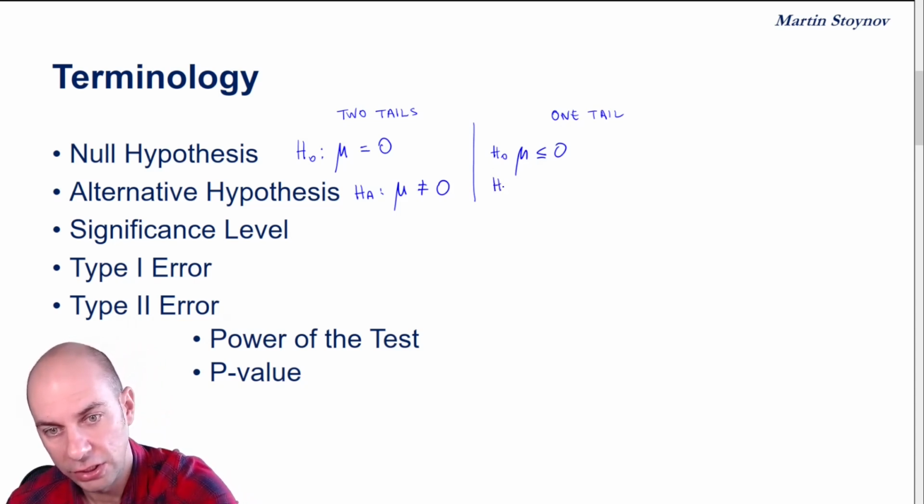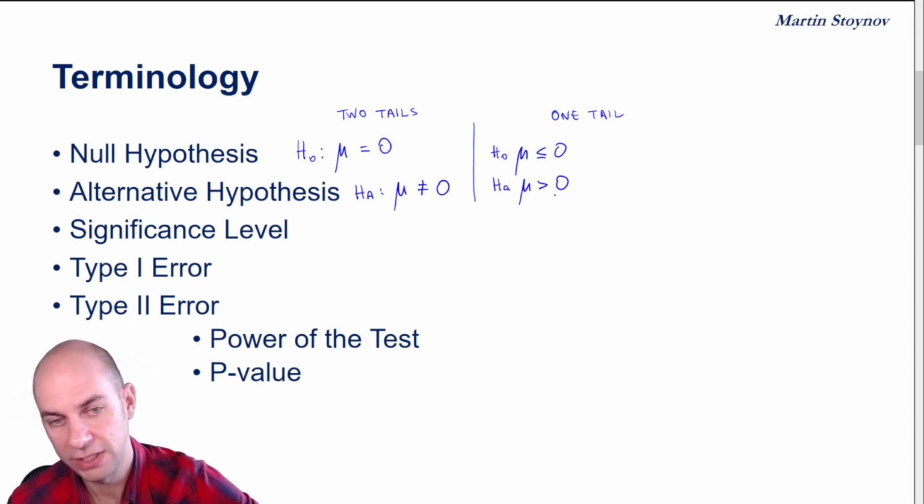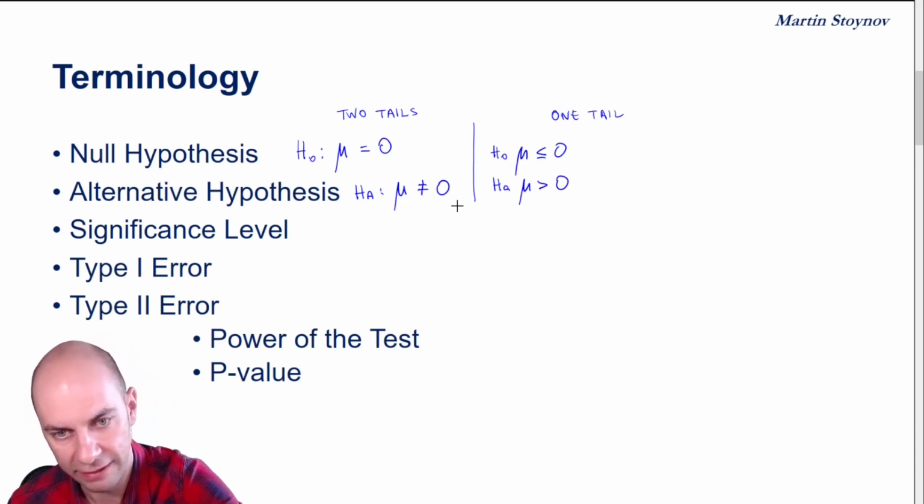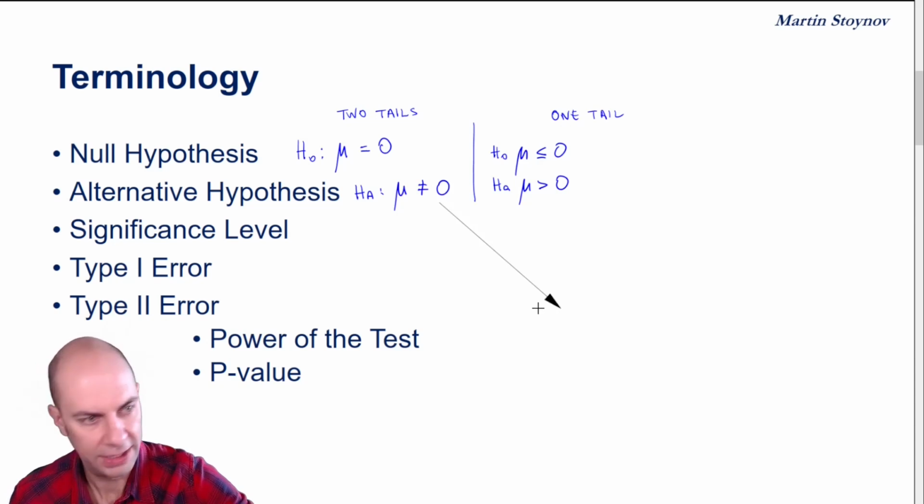And our alternative hypothesis might say mu is greater than 0. So in this case, I will only reject the null hypothesis if I end up in the right tail of the distribution. So just in terms of basically visualizing that, let's actually first visualize this example.